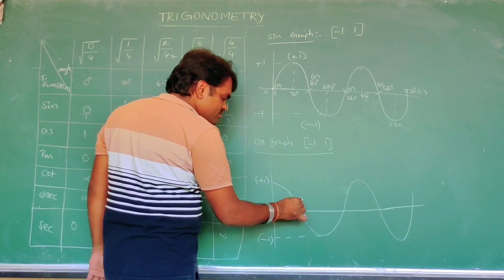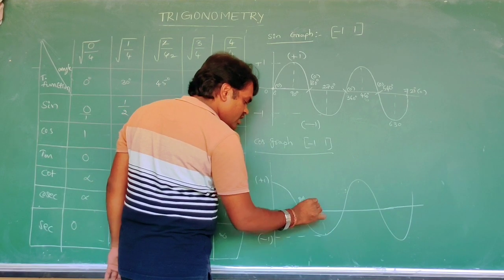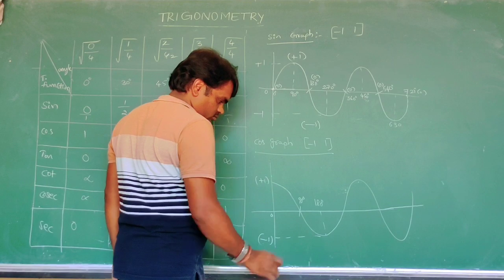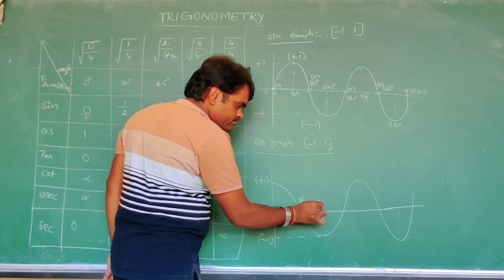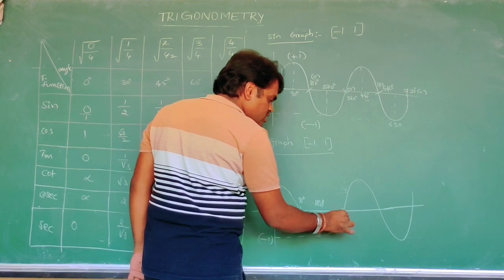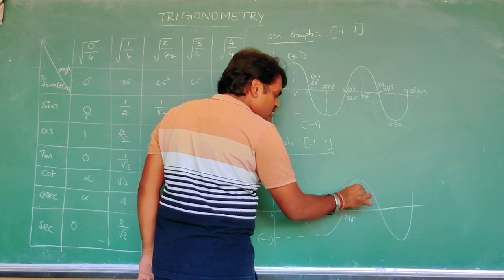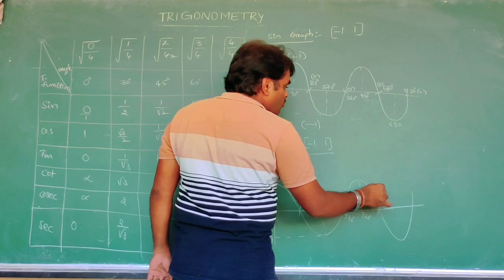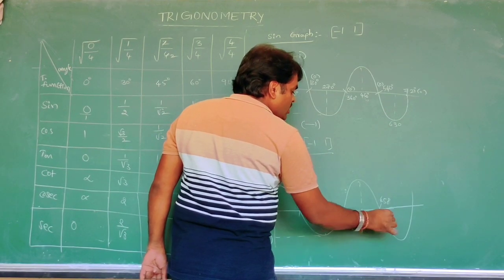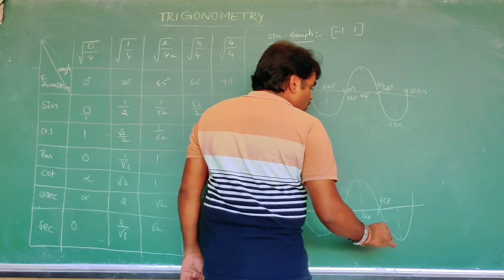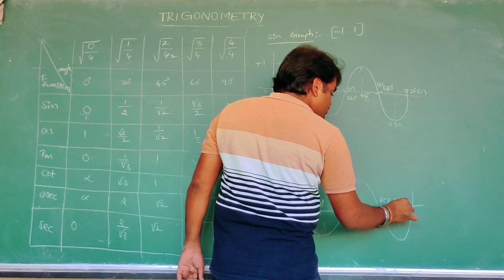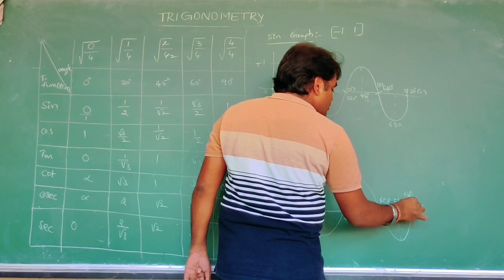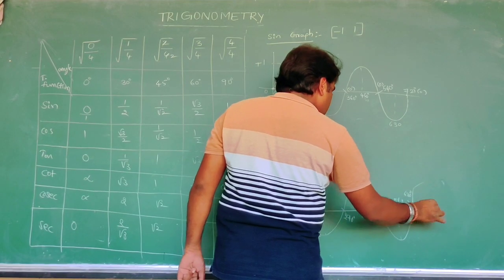Here 90, here 180, here 270, here 360, here 450, here 540, here 630. Now it goes on like this.